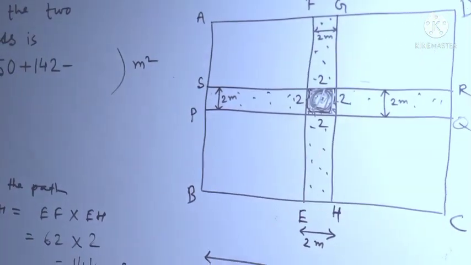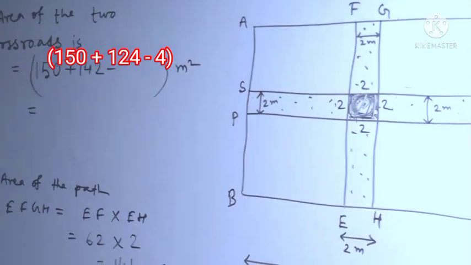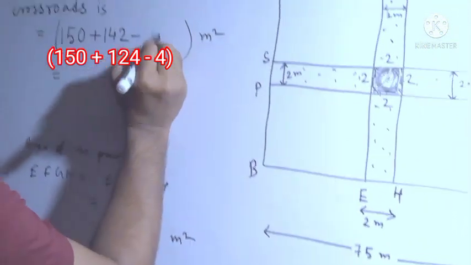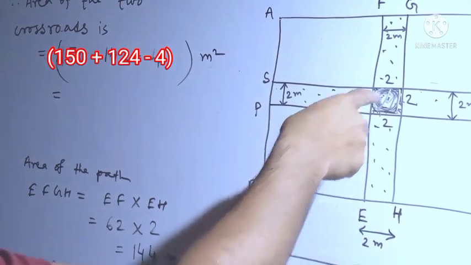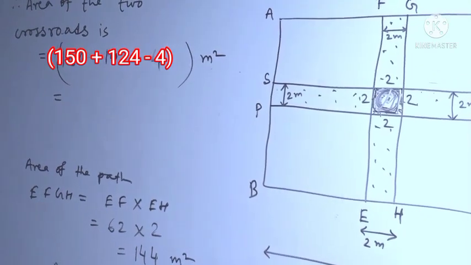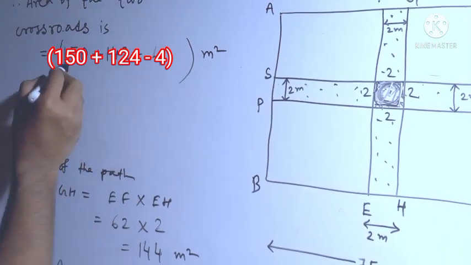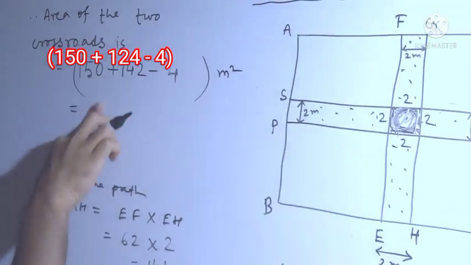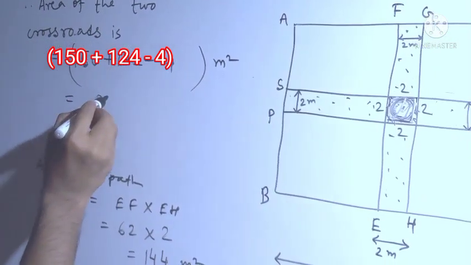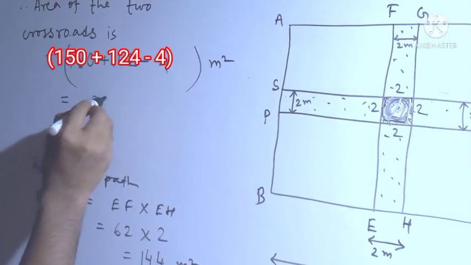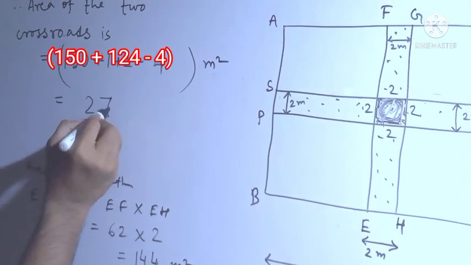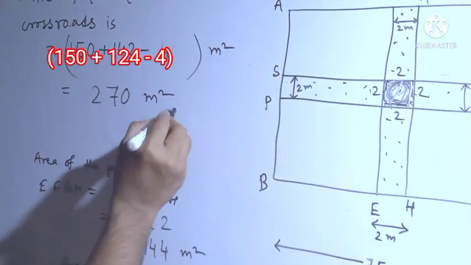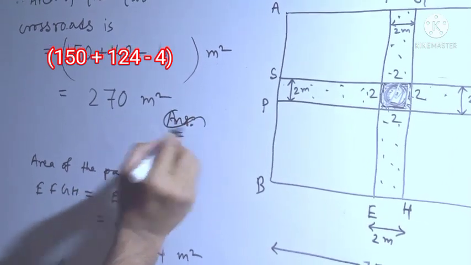So we have to subtract 1 time. So what is the area of this common path? 4 meter square. So we have to subtract 4, because we have taken it 2 times. So we have to subtract 1 time, that means minus 4. So after calculation we will get 270 meter square. Okay, and this is the answer.